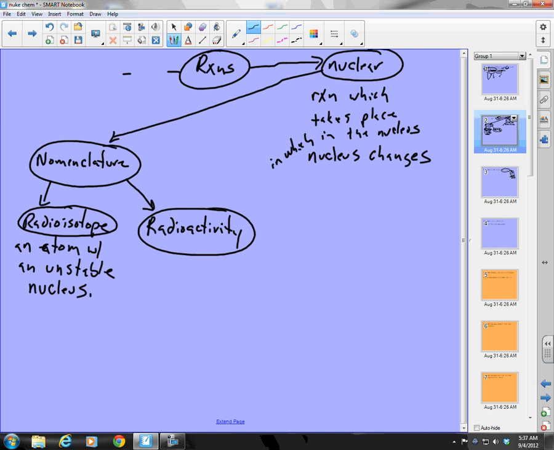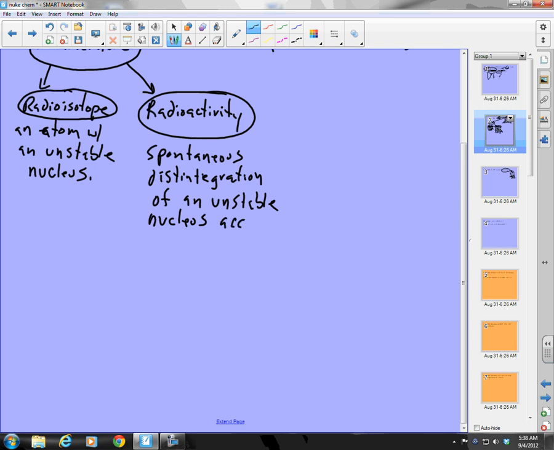Radioactivity is, and I like this definition, the spontaneous disintegration of an unstable nucleus accompanied by emission.